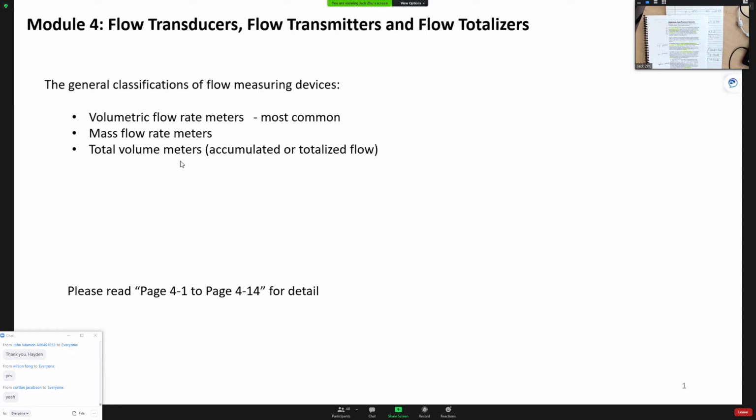There are more than 3 ways, but here we're only talking about 3 different ways to measure the flow. One is a volumetric flow rate meter, the most common and most useful. Another is called a mass flow rate meter. And the last is called the total volume meter. It also says you can read the whole module 4 to get more detail.